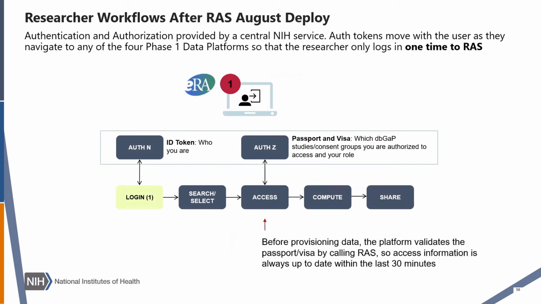It's a central system at NIH working on the JSON token model. You log in once, you're issued a passport that you can then use across at least 4 cloud systems, 4 data platforms on the cloud. And then you'll have a visa for your data that you're able to authorize. So it's a way to just streamline authentication and authorization of researchers and the data that they can access.